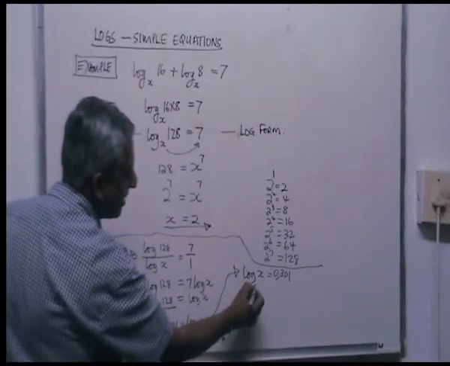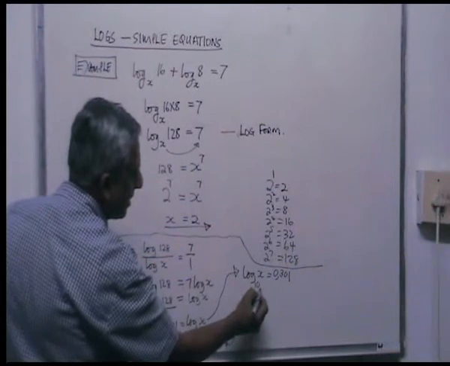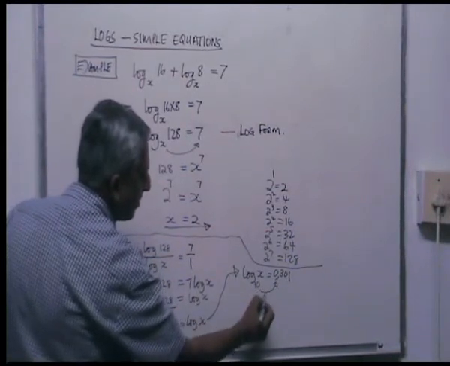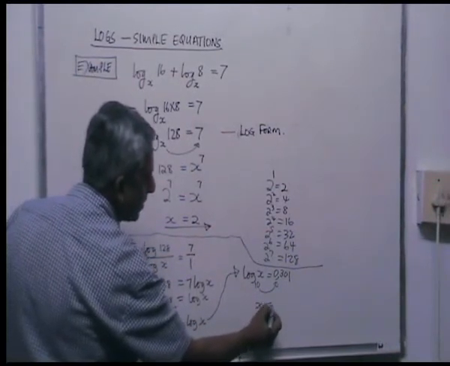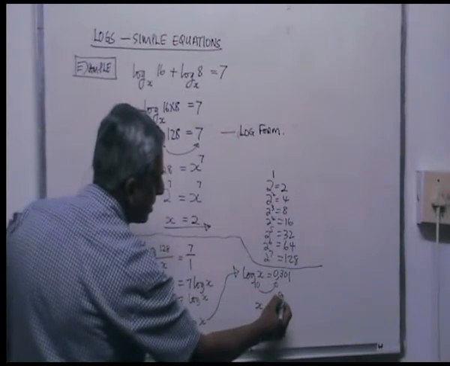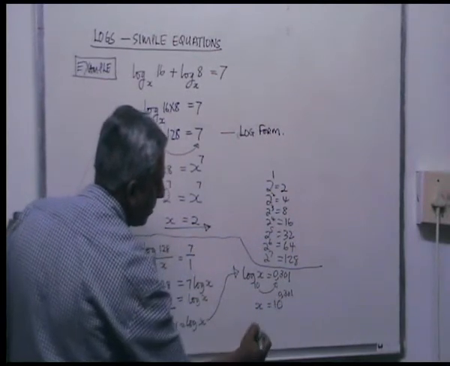What's the base here? The base is understood to be 10. So I'm going to rewrite that in index form. So x is equal to 10 to the 0,301.